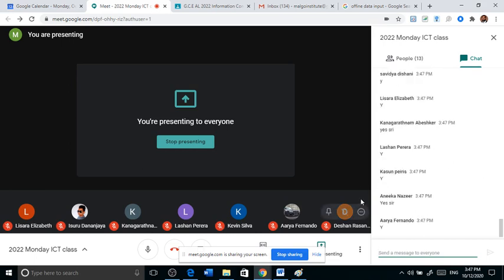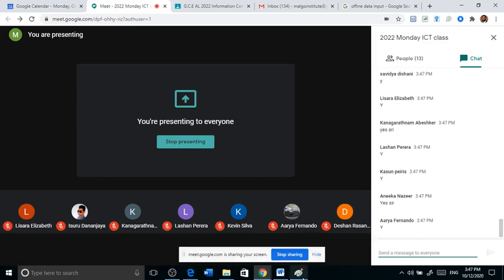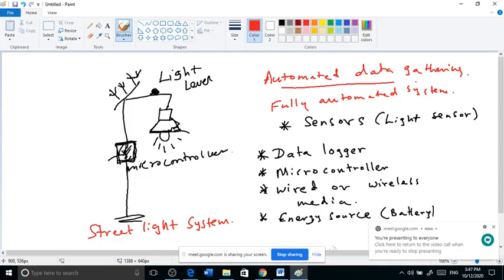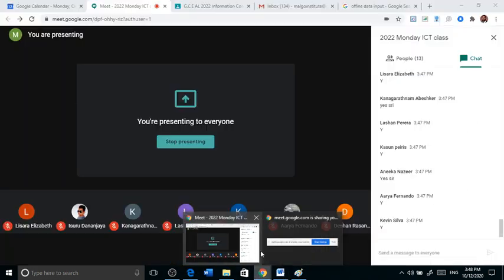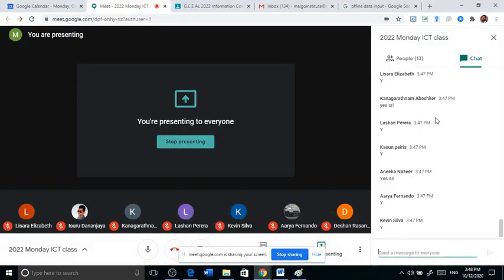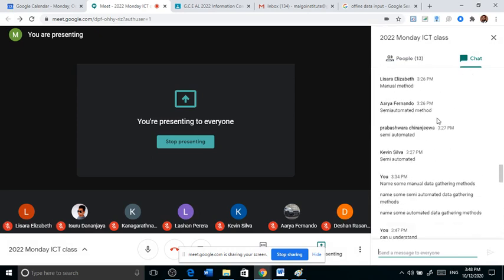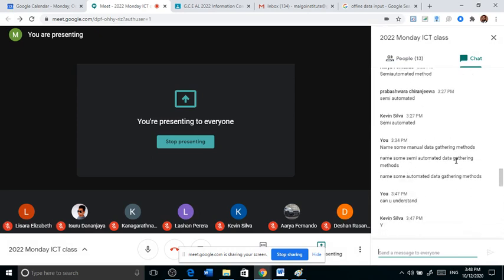So I think you have written what the tools used in semi-automated are. OMR, OCR, MICR, neither. I have given the question: name some semi-automated data gathering methods.